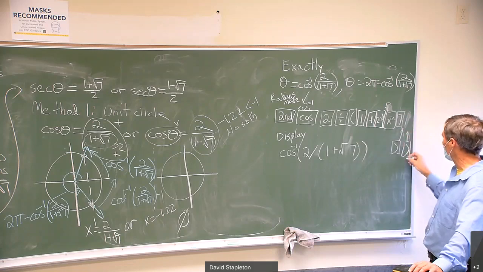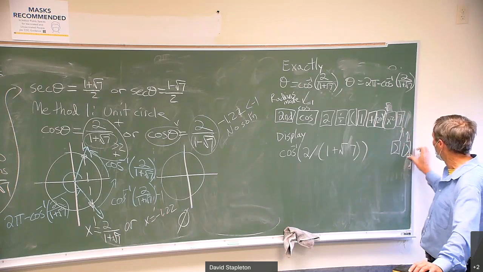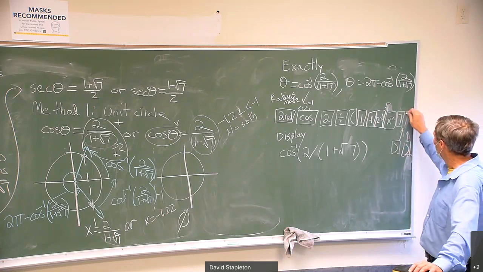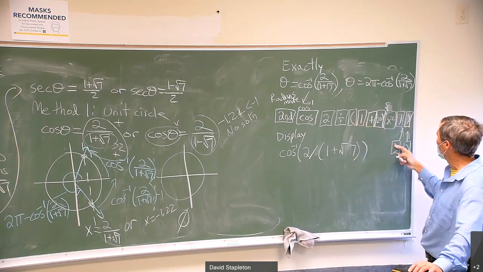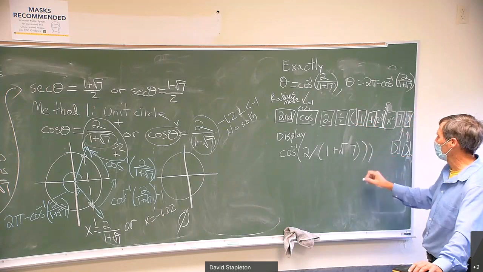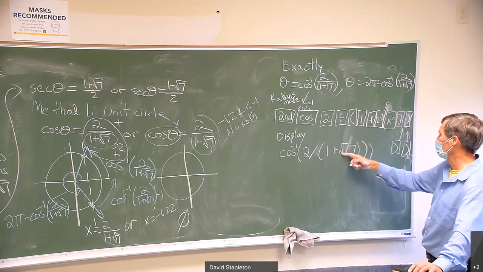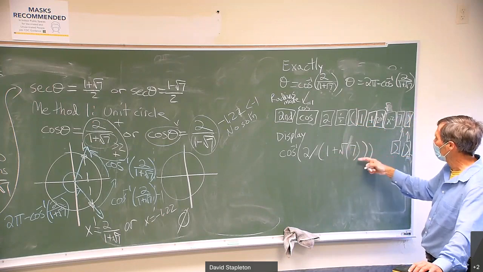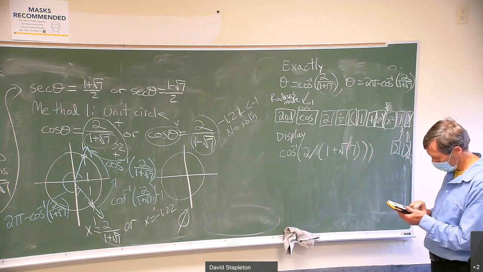Close the parentheses for the bottom, and then close the parentheses for the arc cosine. Close the square root, close the arc cosine if it doesn't already. So you should have 3 parentheses here. It will look like this on the display: square root of 7, close this parenthesis, close this parenthesis. All right, so just make sure it looks like that.